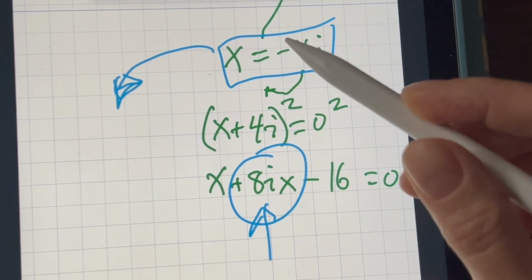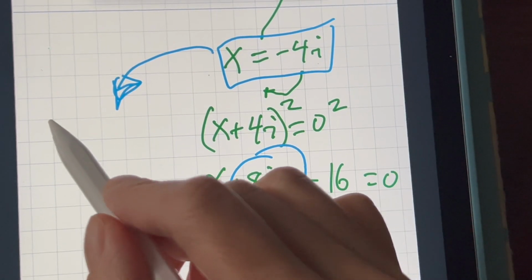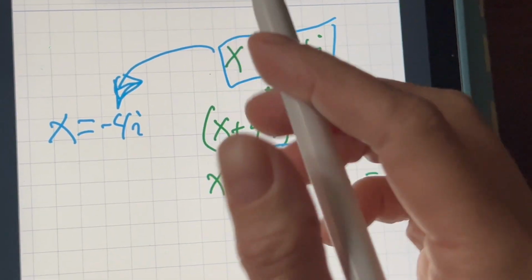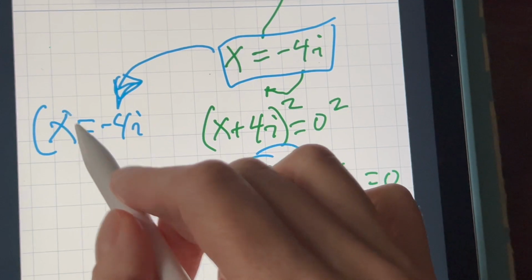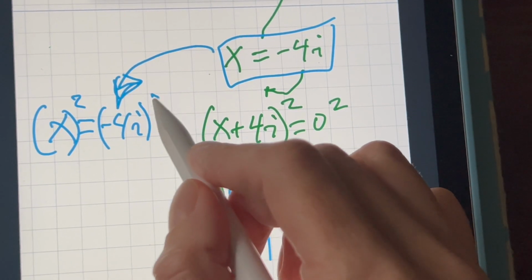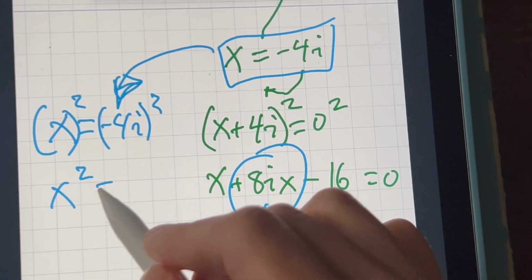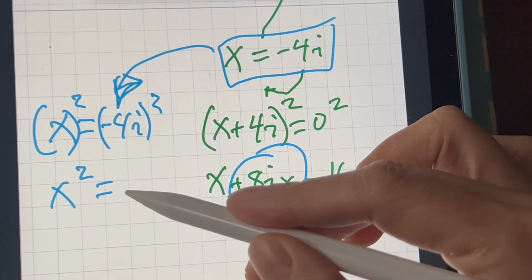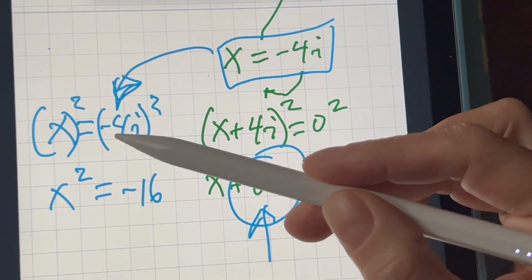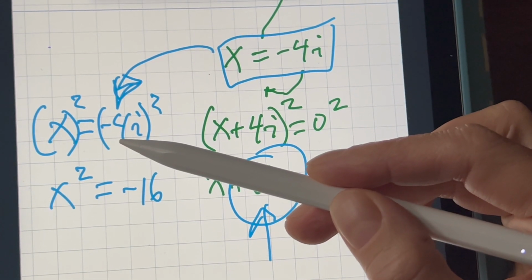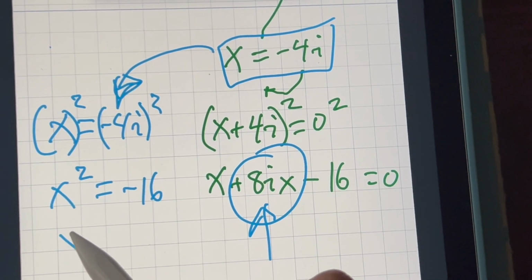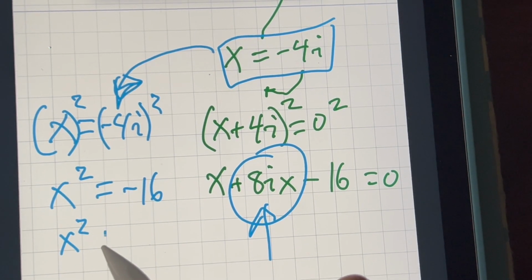But you could square right from the get-go, x equals negative 4i. Immediately square both sides, and you get x squared equals negative 16, because negative 4 squared is 16 and i squared is negative 1. Then we add this back over.